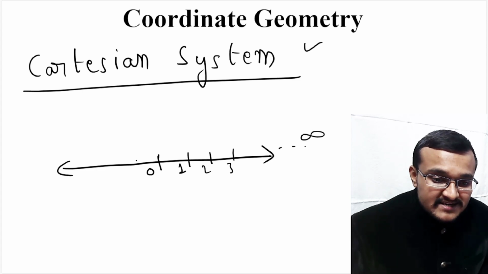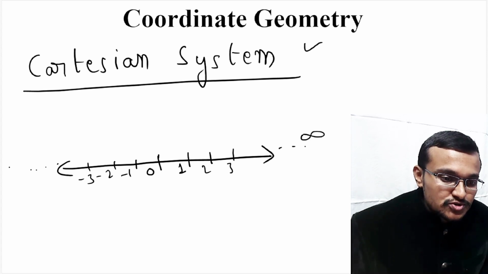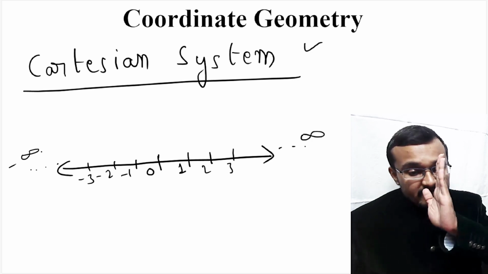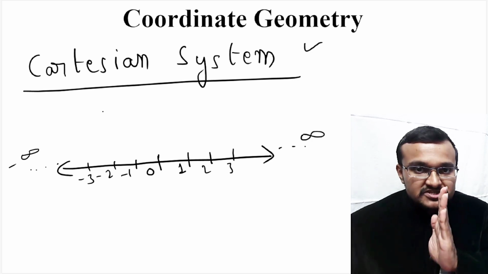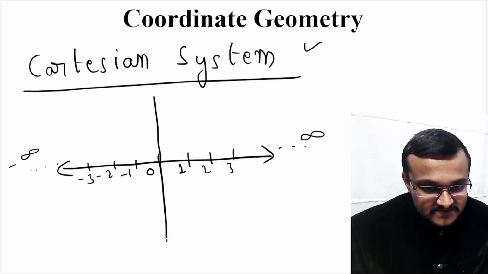On the left-hand side of this number line you have -1, -2, -3, and this also goes up to minus infinity. From this exact 0th position, I'll draw one more axis like this.